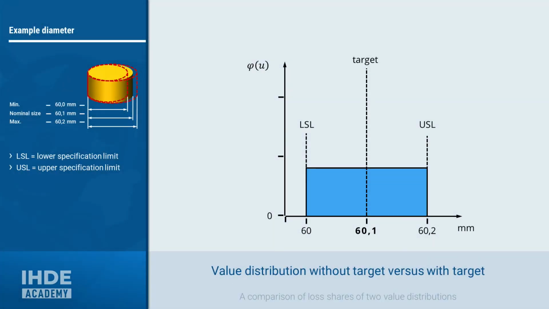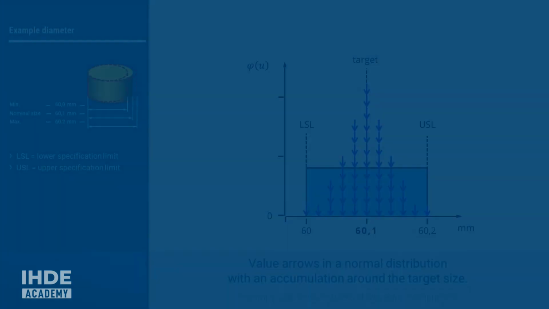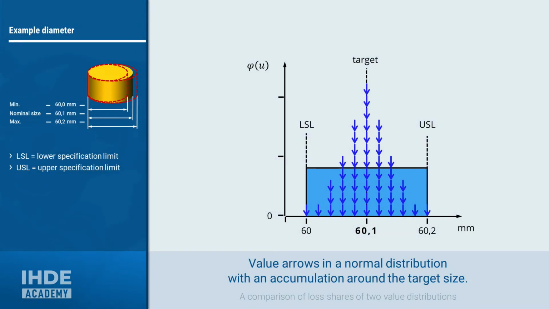This uniform distribution came about because there was no target value to which one was striving. Now we add a target value and the resulting distribution of these values. As before, each measurement result is represented by a value arrow.